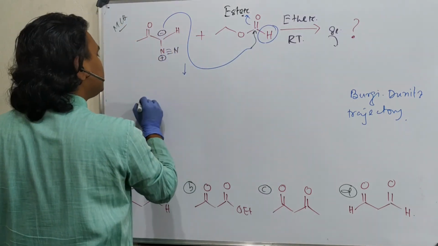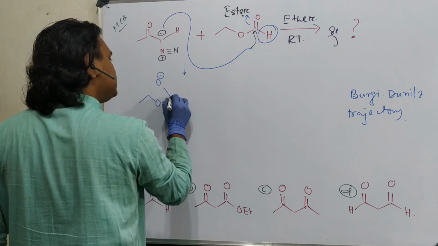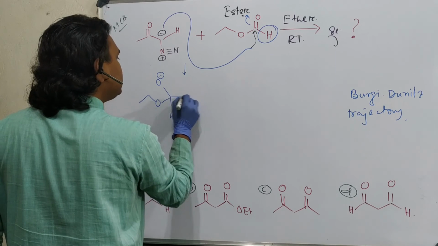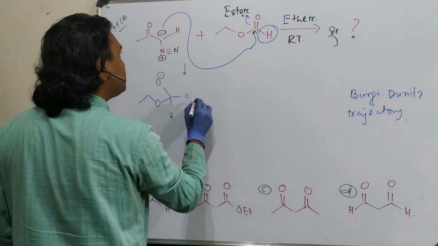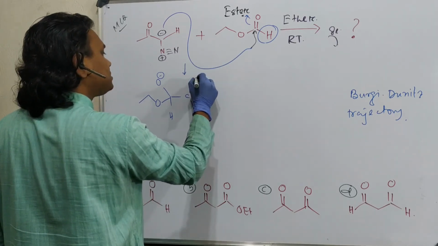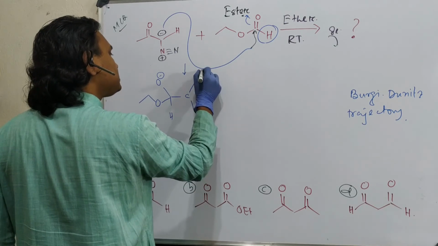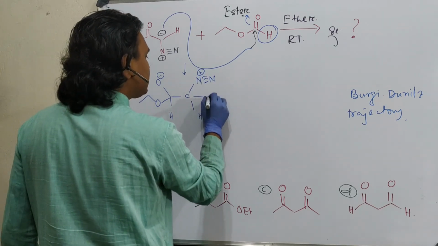In the meantime, what will it do? So this is the O minus, this is the hydrogen. In this case, this is carbon attached to hydrogen, this is nitrogen. Sorry, this is nitrogen, and another thing is this is the ketone.